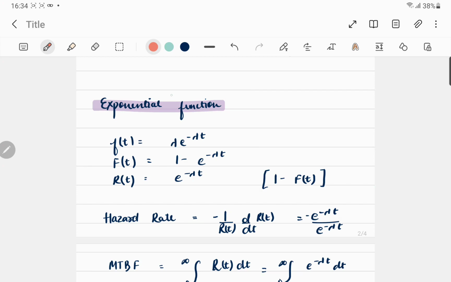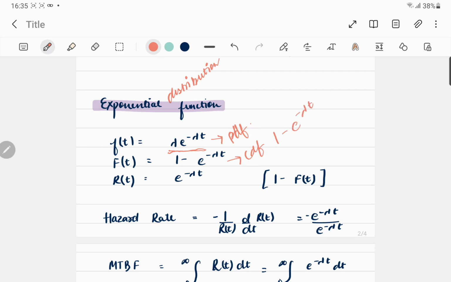Okay, so this is your exponential distribution function. We know that for the exponential function, the PDF is defined as lambda e to the power minus lambda t, and the CDF is defined as 1 minus e to the power minus lambda t.